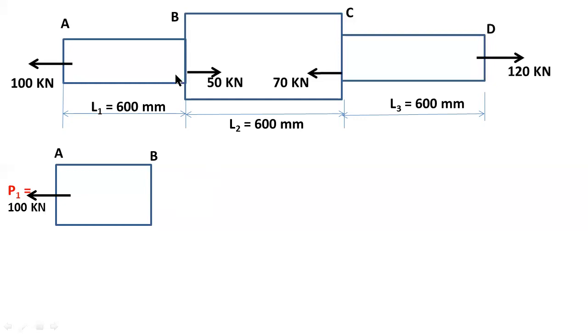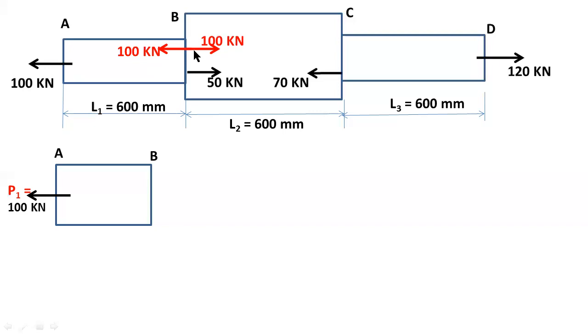That's why I am adding two equal and opposite loads at end B. Here I am adding 100 kilonewtons on the right side and left side at a common point. So there is no change in deformation, because I am adding two equal and opposite loads at a common point, so both cancel.